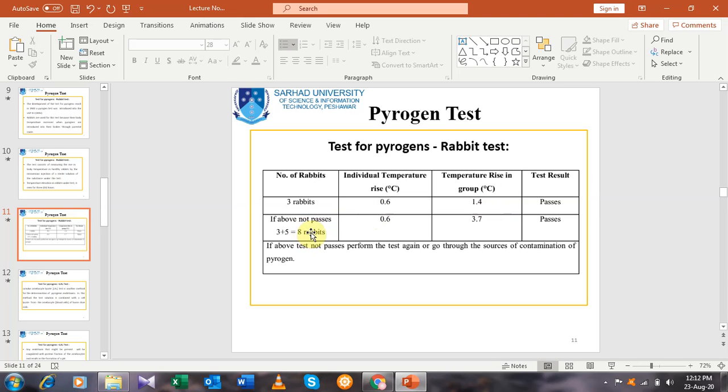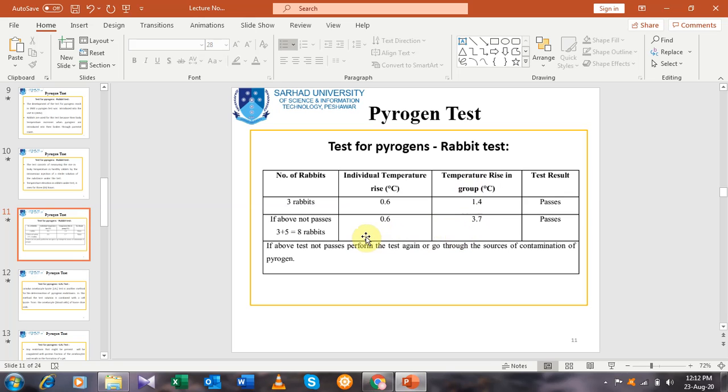Overall the combined number will be 8 rabbits, and we will note the individual temperature rise in degrees centigrade of the remaining 5 and the total 8, and we will also check the temperature rise in groups, which should not exceed 3.7 degrees centigrade. If the limit is not crossed, it means that the test for pyrogen is passed.